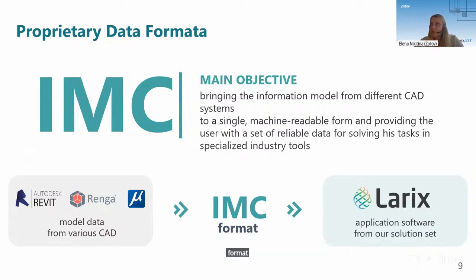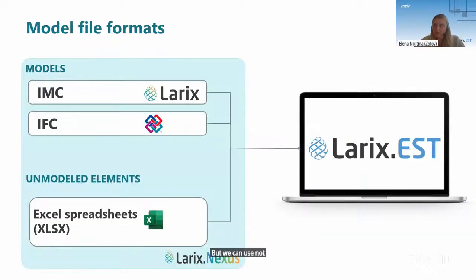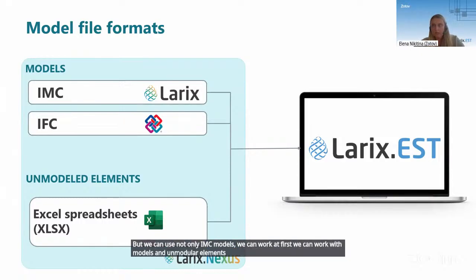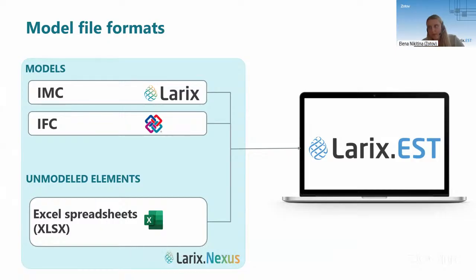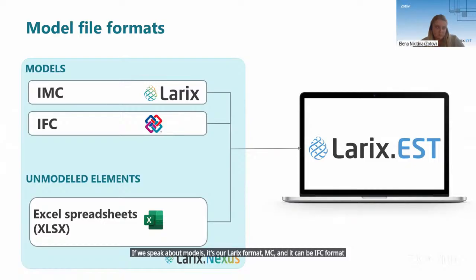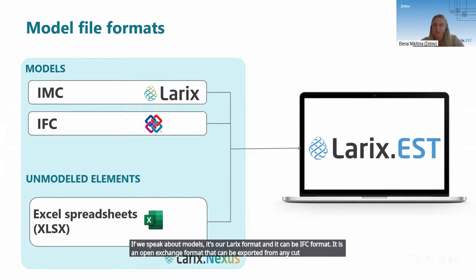But we can use not only IMC models. We can work with models and unmodeled elements. If we speak about models, it's our Larix format IMC, and it can be IFC format. It is an open exchange format that can be exported from any CAD which supports IFC export.